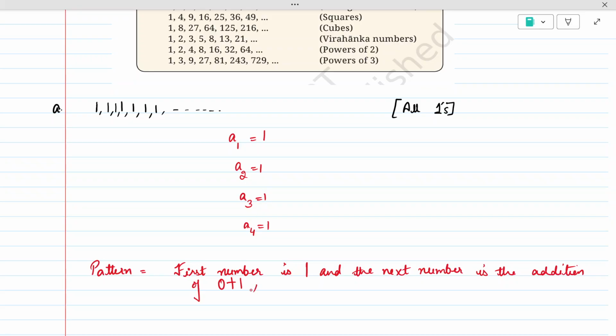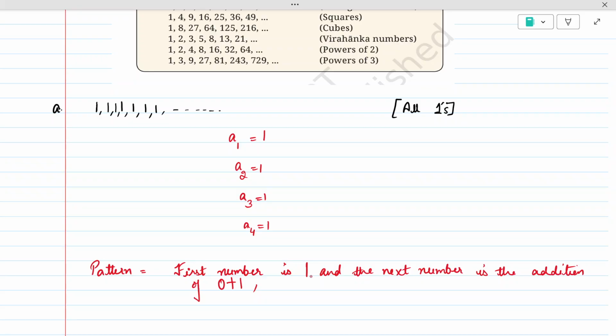Now coming to the third number. For the third number also, I am adding 0 to the previous number. So again it is 0 plus 1, 1. So in this sequence, we are taking the first number as 1, and to find out all the next numbers, we are adding 0 to the previous number.